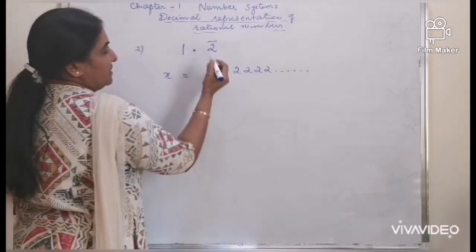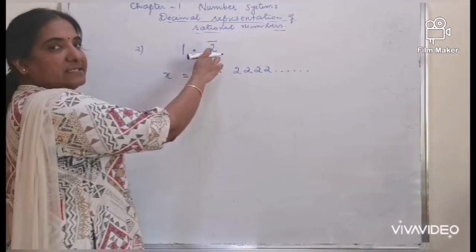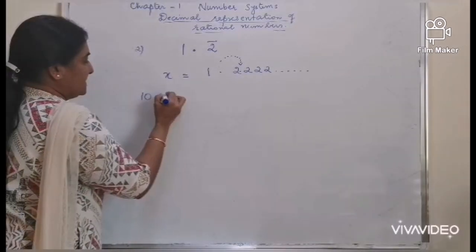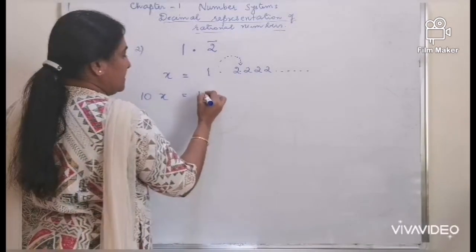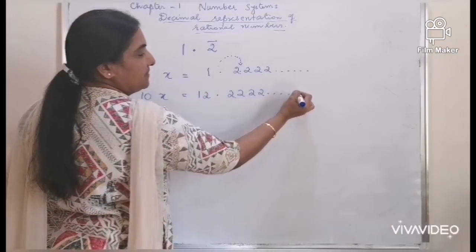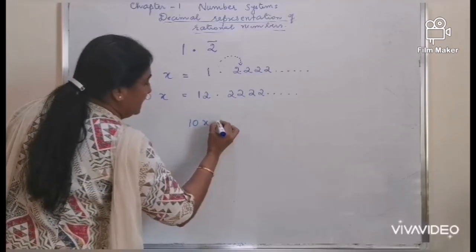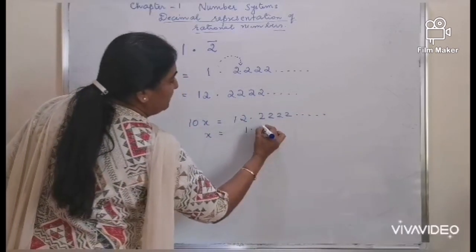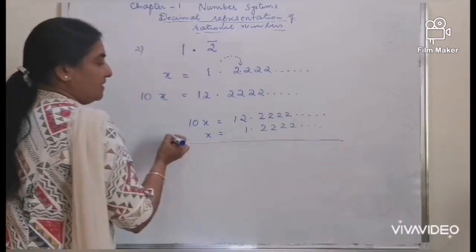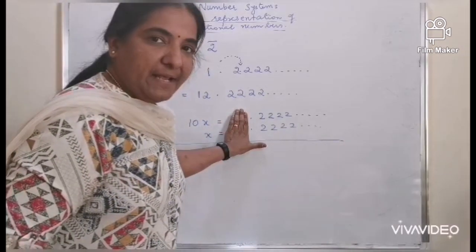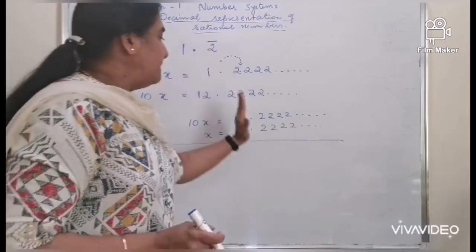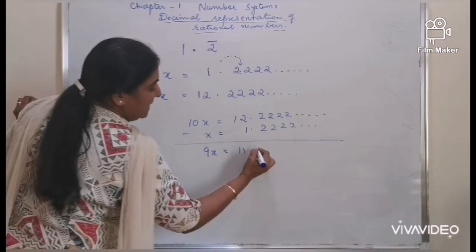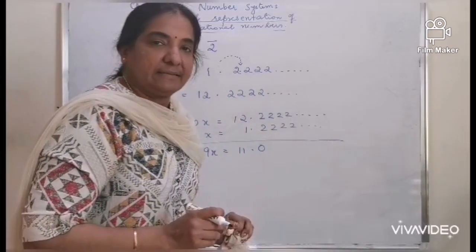The same procedure: since only one digit is repeated, multiply by 10. 10x is equal to 12.222, etc., and x is equal to 1.22, etc., which makes it clear that after the decimal place only the recurring digit is placed. 10x minus x is 9x. 12 minus 1 is 11, and the value after the decimal is 0.